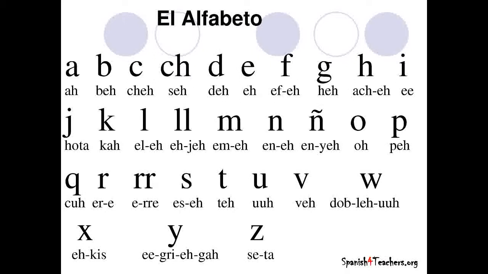The English letter Y is called Y. Yema. Yema, egg yolk. The English letter Z is called zeta. Zapato. Zapato, shoe. Now repeat the names of the letters once more.